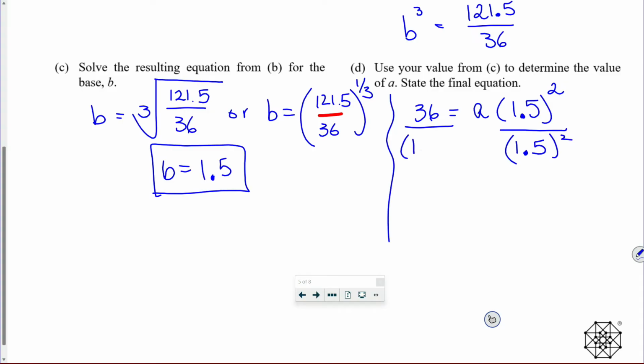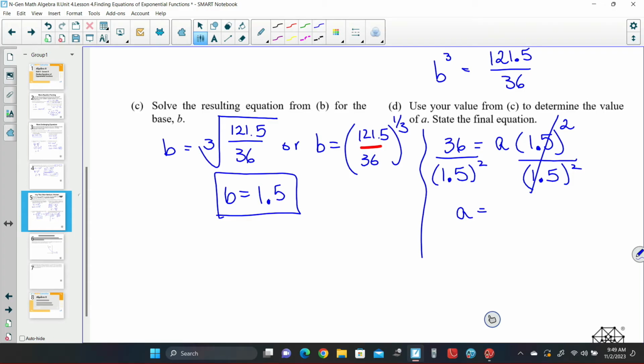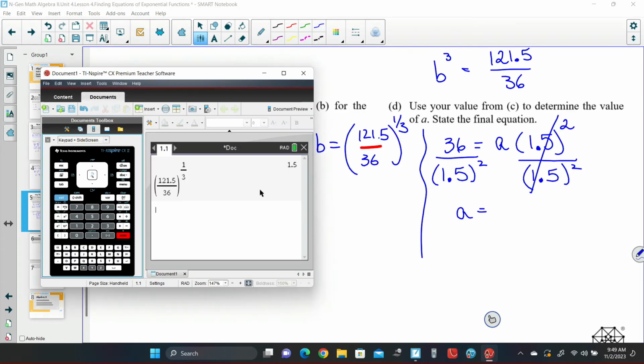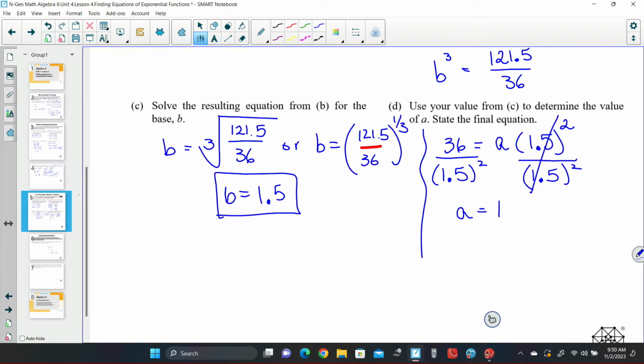I'll let my calculator do that entire calculation on its own. Right? There's no reason for me to figure out what 1.5 squared is and write out decimals, and at least that one wouldn't be terrible, because I can now just do 36 divided by 1.5 squared. And I'm going to get a equals 16.